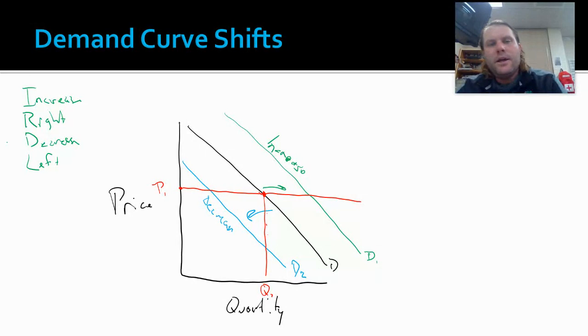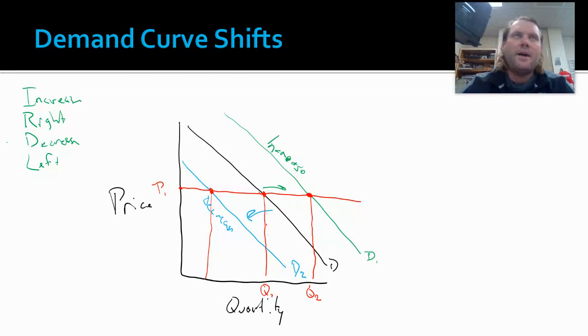If for whatever reason, let's say we make more money, and we're going to get to these shifters in a second, if we increase our demand, we're going to assume that we're going to demand more stuff based on that price. On the flip side, if we have a smaller income, and that's just one example, then we're going to demand that much. Obviously as we make less money, as we have decreases in demand, we demand less quantity.